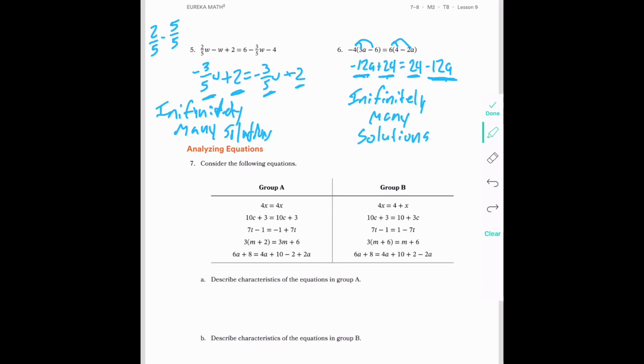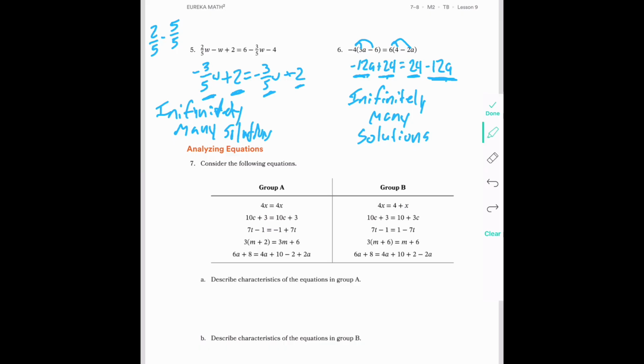Does that make sense? It should very much so make sense. What you really need to practice for this topic is how to identify from step 3 whether it has infinitely many or one solution. We're not going to talk about no solution until we get to lesson 10.